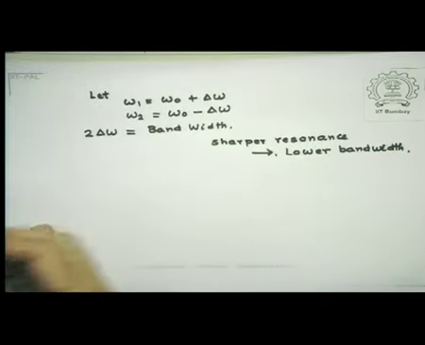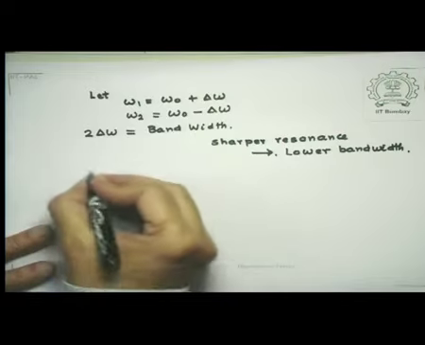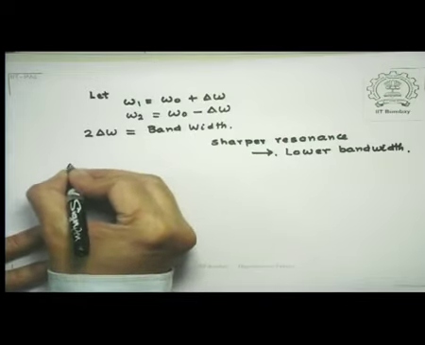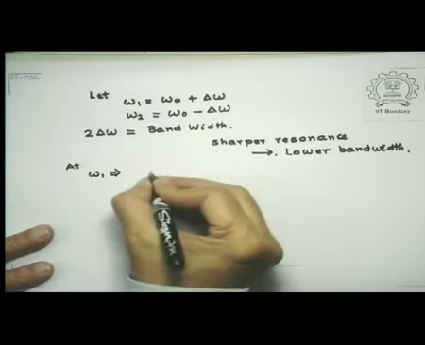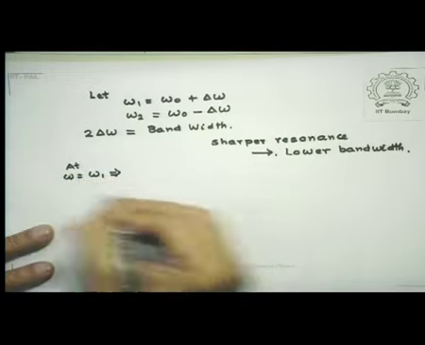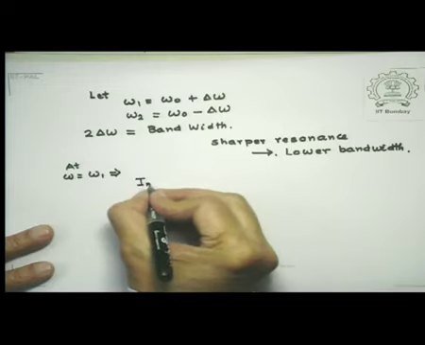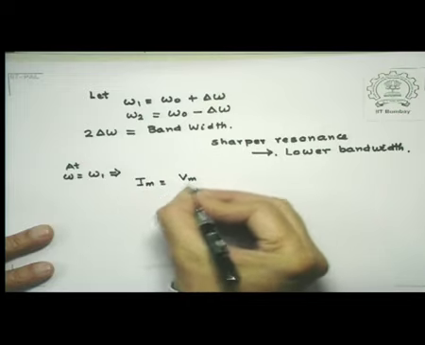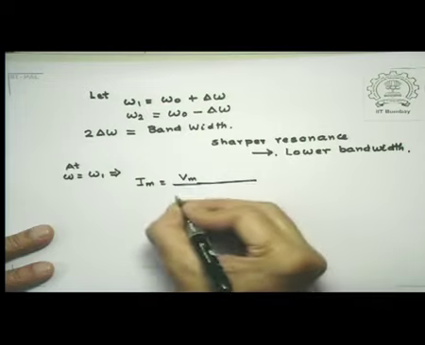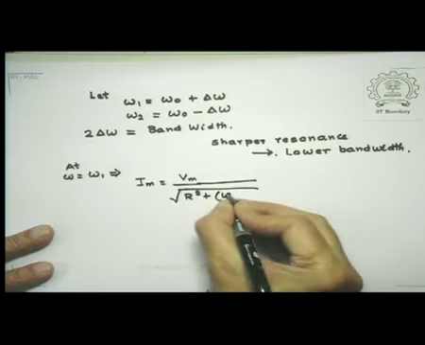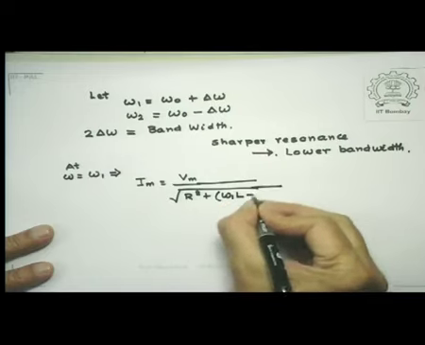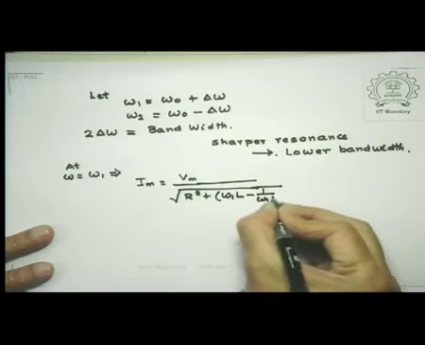Now let's look at the point omega 1. So at omega equal to omega 1, I have got Im equal to Vm divided by square root of R square plus omega 1 L minus 1 over omega 1 C whole square.